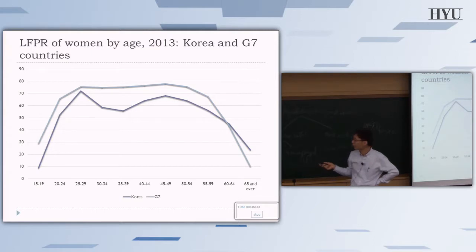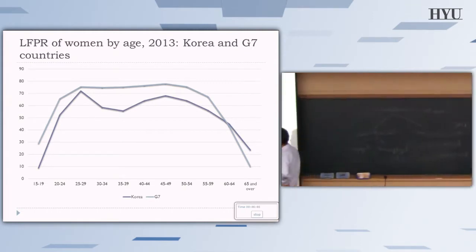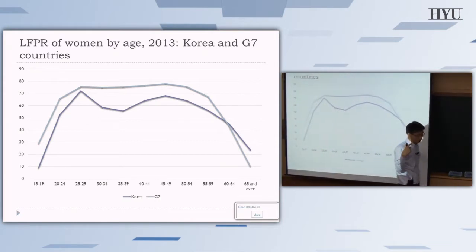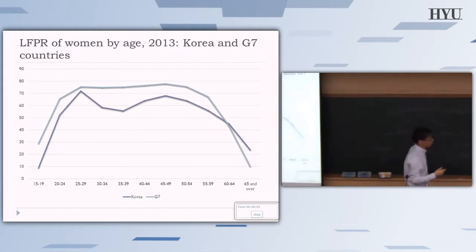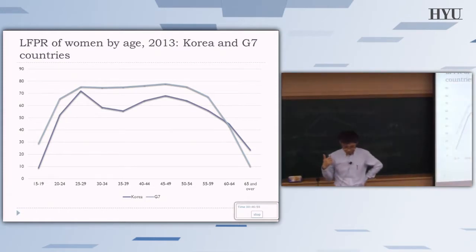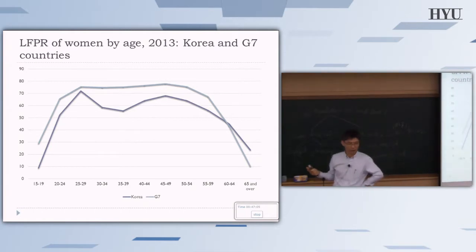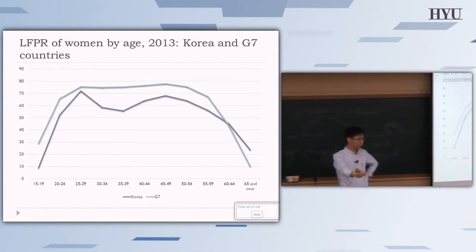So in economic policy circles, there is a lot of talk about this M-shaped LFPR of women. There are two problems with the M shape. One is that a lot of women are as well educated as men in Korea. We spend lots of resources educating our women from society's point of view.